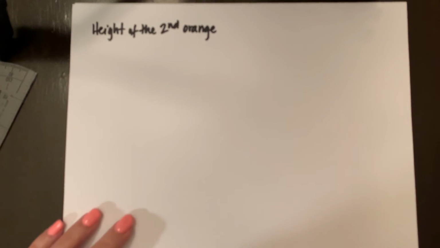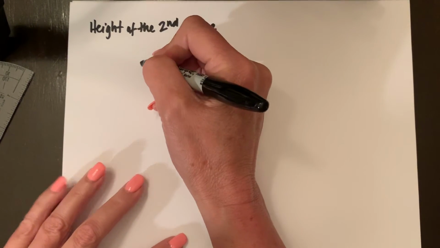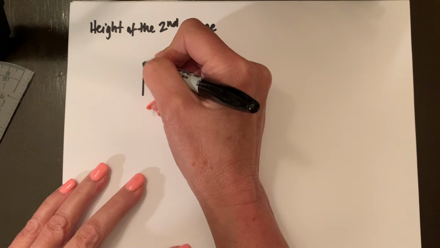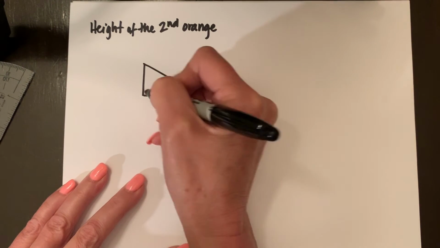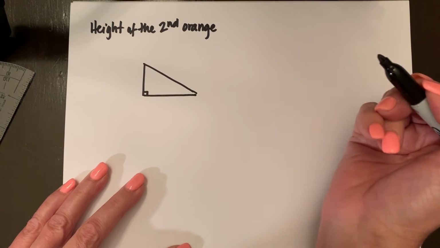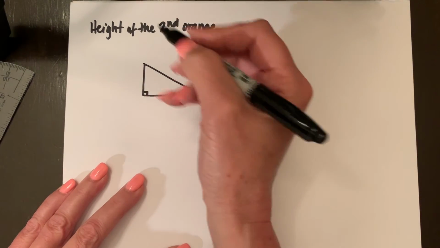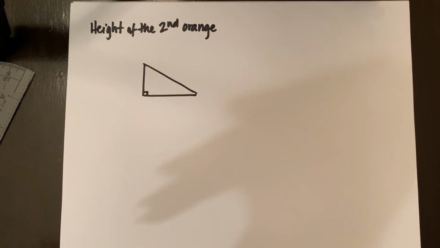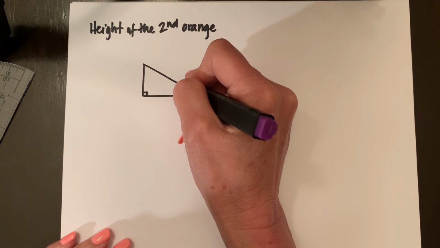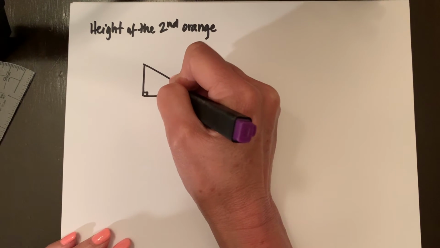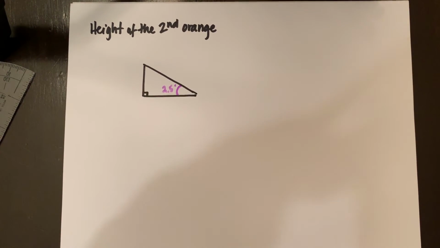All right, let's calculate the height of that second orange. So all I really need to know is a little bit of information about my right triangle. So you know that we had an angle of inclination. Remember, Morgan had trouble determining whether it was between 2 or 3 degrees. So we said, let's go with 2.5 degrees as our angle of inclination.